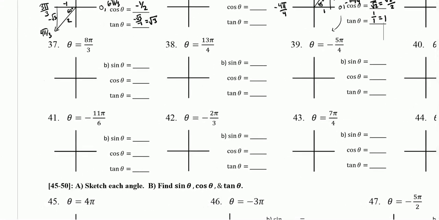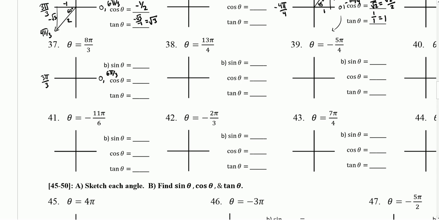37, 8 pi over 3. Here's 0. If we keep going around the circle, we got 3 pi over 3 here. Keep going. 6 pi over 3.